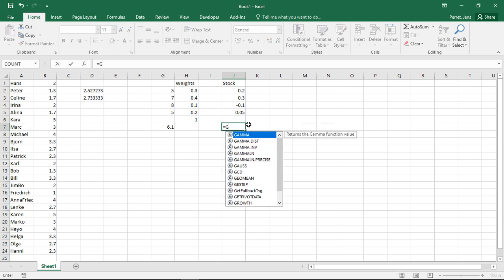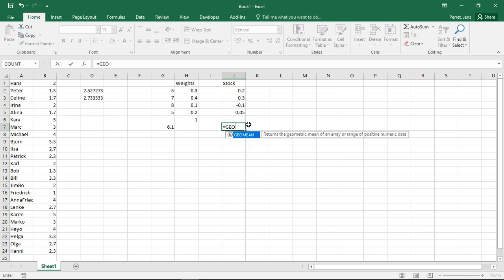Usually it's a good approach to go with the geometric mean. If I just start typing this in, I already see I have GEOMEAN, which is the geometric mean. So here I only need to input my data. And now I see the problem with this. The geometric mean has one problem. It's basically multiplying all those values and taking the corresponding root of this.